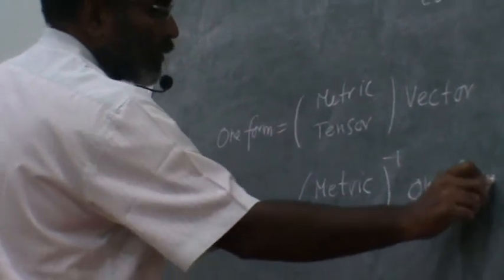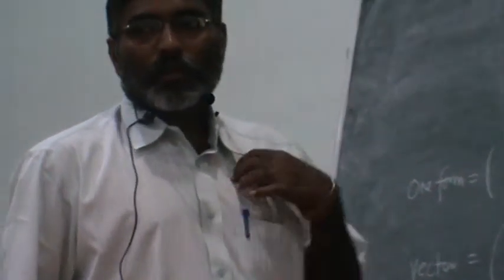So metric tensor will transform vectors to one forms, and the inverse will transform one forms to vectors. In other words, metric tensor will transform contravariant to covariant vectors, contravariant components to covariant components, covariant components to contravariant components. And yeah, so that is the summary of the basic definitions of these vectors and tensors. So any questions, sir?